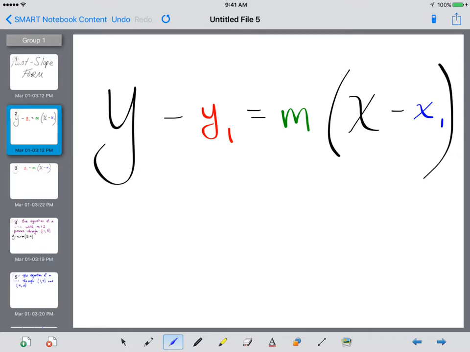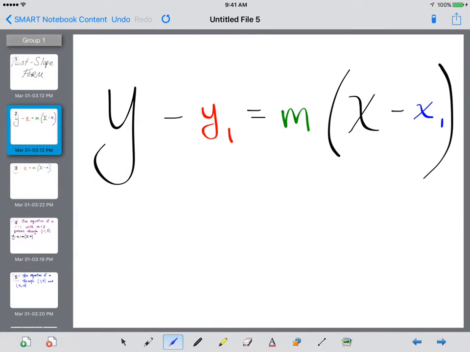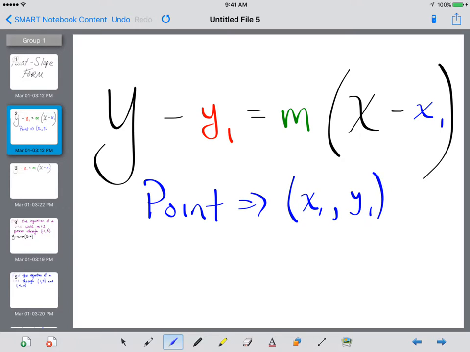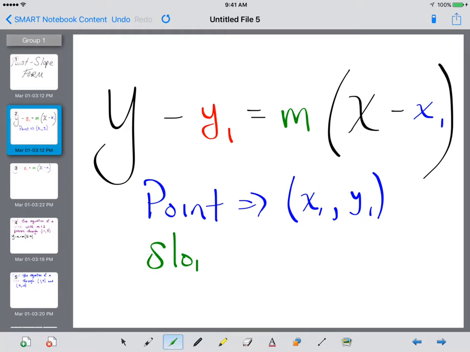The reason it is called point-slope form is because in order to use this, you need to have a point, which in this problem is where x1 and y1 come into play. And you also need to have the slope. And the slope equals the m.